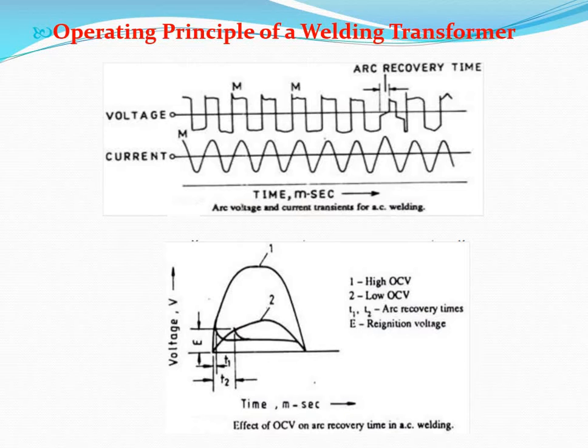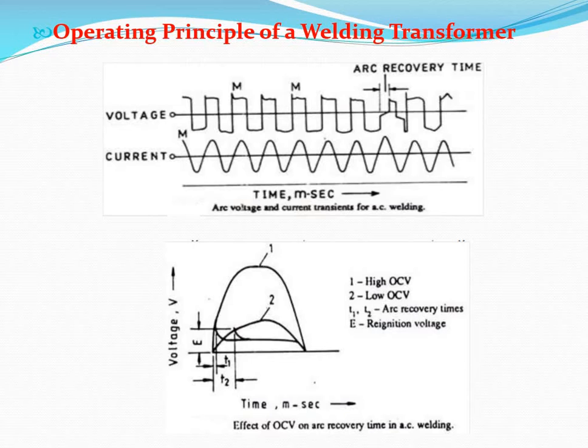Now, let us see the requirements of the transformer. For proper operation, the welding transformer should satisfy some requirements. First, it should have a drooping static volt-ampere characteristic. Second, to avoid spatter, the surge of the welding current during a short circuit should be limited to the least possible above the normal arc current.